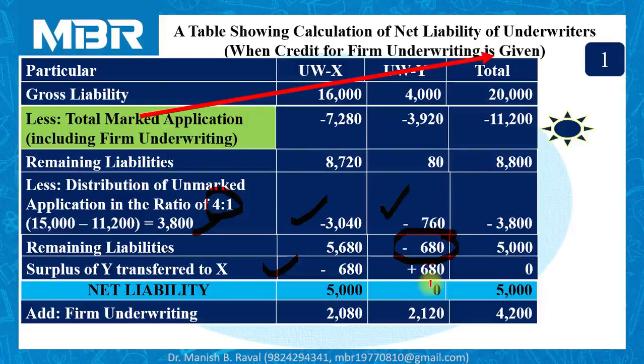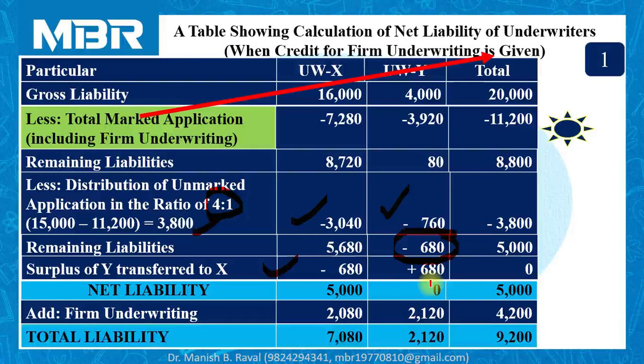Then also Y is responsible to purchase 2,120 shares as per his firm underwriting. So total liability of X is 7,080 and Y is 2,120.